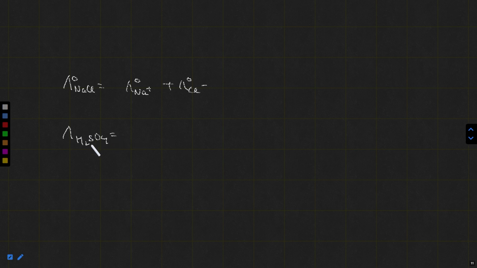Now you can see that H has a coefficient of 2, so in that case we will write lambda naught H plus multiplied by 2 plus lambda naught SO4 2 minus. Another example, HCl, which can be written as lambda naught H plus plus lambda naught Cl minus. No problem.